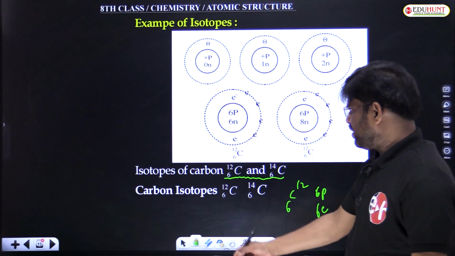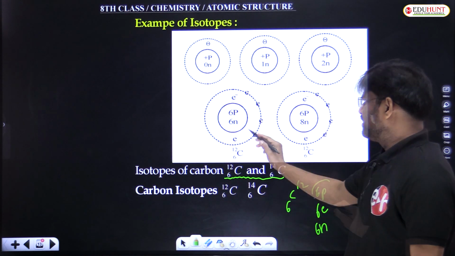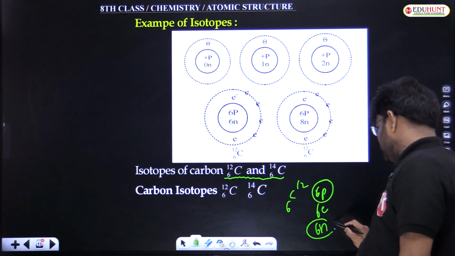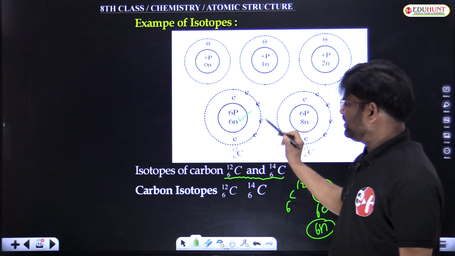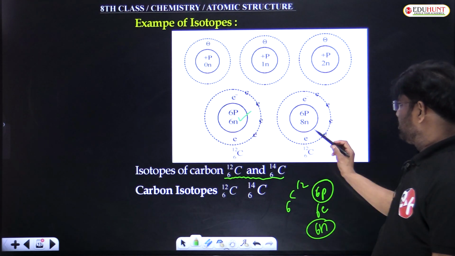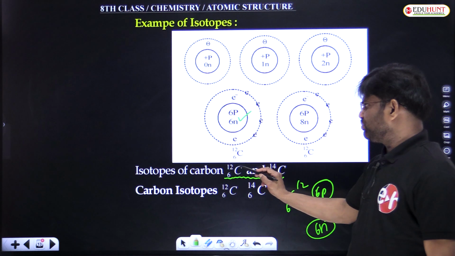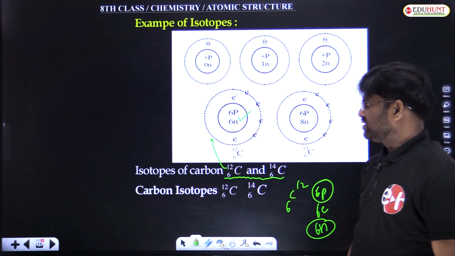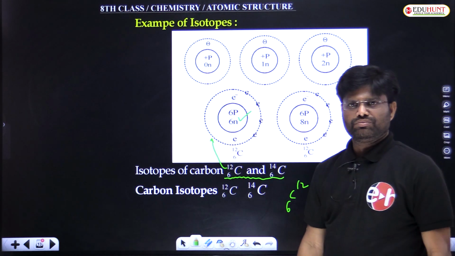Protons and neutrons are present at the center of the nucleus. This is the first isotope, C-12.